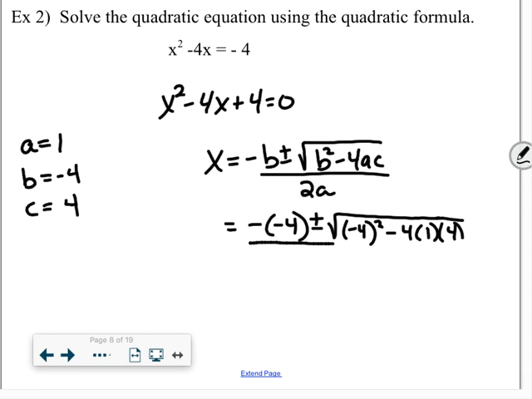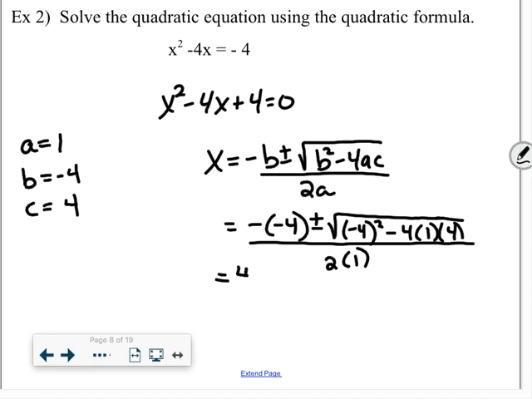Now, I've taught this a very long time, and for some reason, I see students who change the formula and make it so that the fraction bar is only underneath the square root symbol. That is not what the quadratic formula says. It says the fraction bar is underneath the negative b. So be careful.